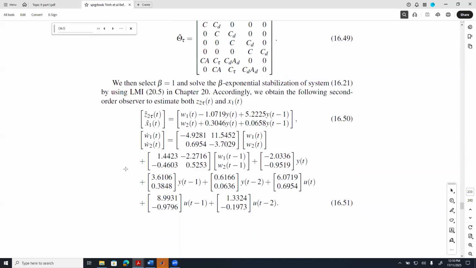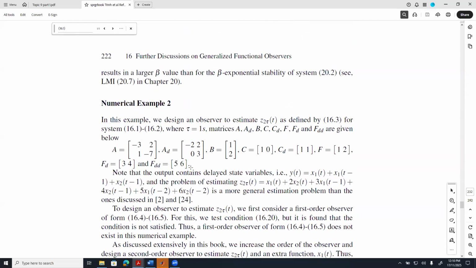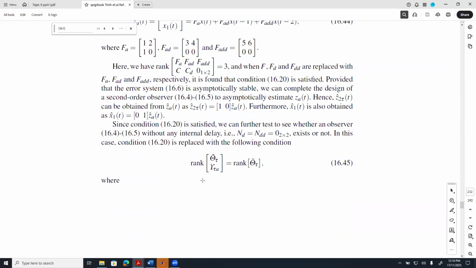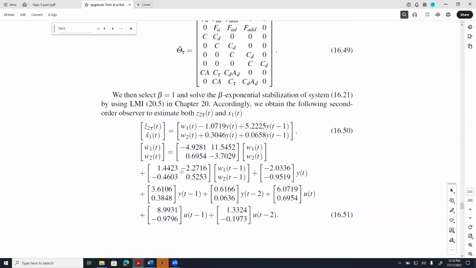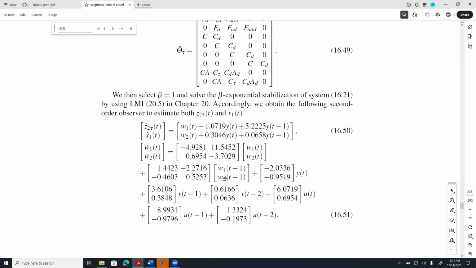So for this example here, when we want to estimate the generalized functional, which is this one, for this system, what happens is we can actually employ a second order observer with an internal delay, and we can ensure that the error time delay system is stable, where we did actually solve the stabilization of the error time delay system, and we arrive at this observer structure.